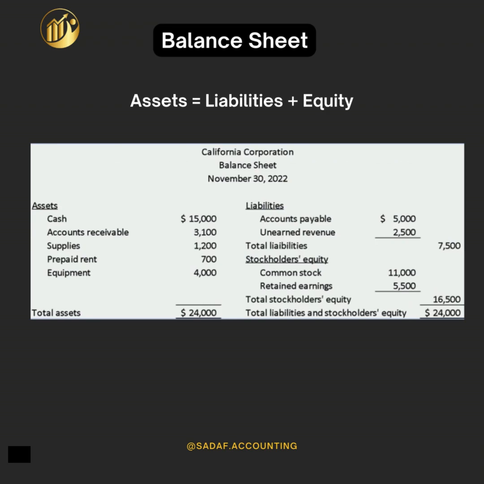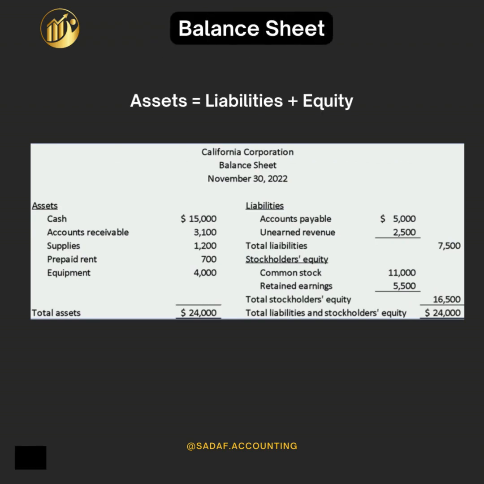Then on the right-hand side of the balance sheet, we have our liabilities and stockholders' equity. We have two liabilities, accounts payable and unearned revenue, for a total liability of $7,500. In stockholders' equity we have common stock of $11,000 and retained earnings of $5,500. Important to notice, our ending retained earnings of $5,500 flowed right into the balance sheet.